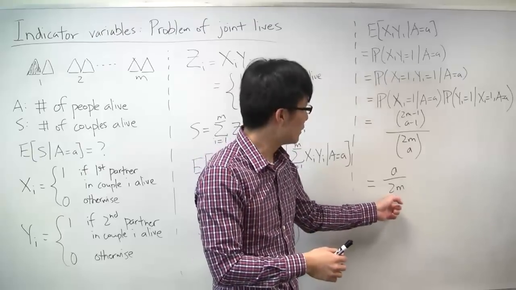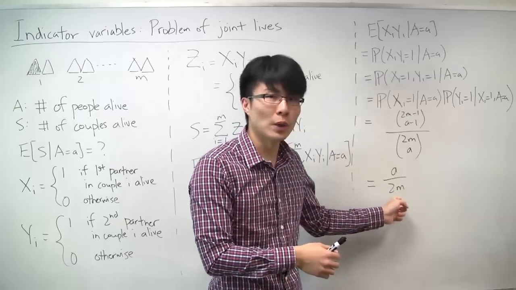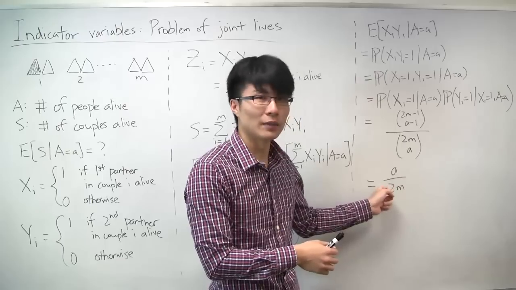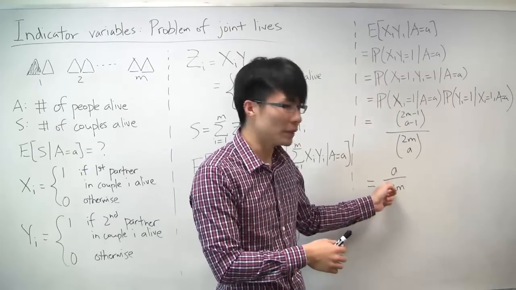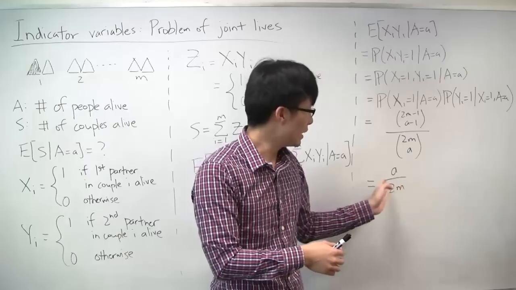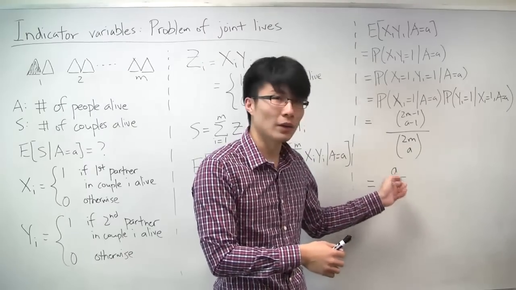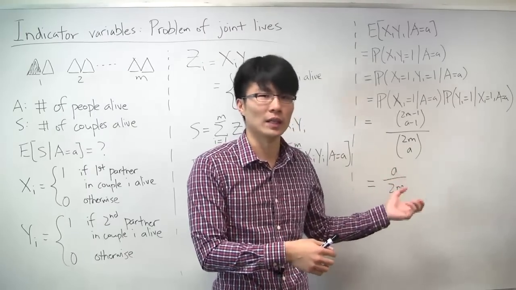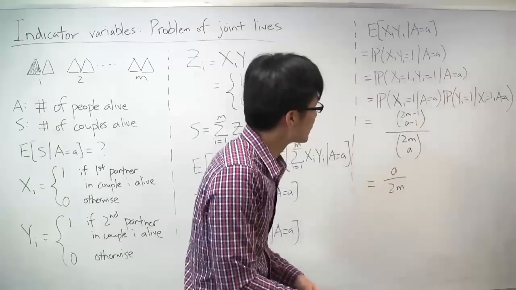So the first partner in the first couple has a 1 over 2m chance of being selected for that first slot. But he also has the same probability of being selected for the second slot, and all the way through the a-th slot. So essentially he has a chances to be one of the people who are still alive. And so that's why you get the probability of a over 2m.